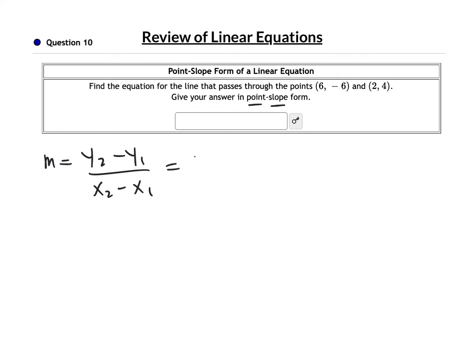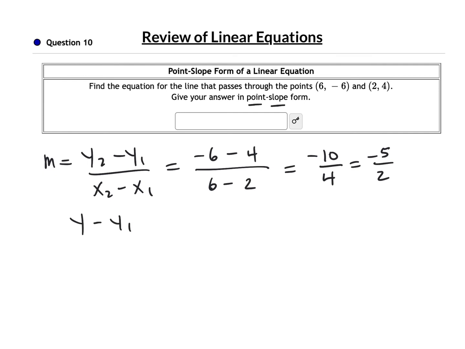That becomes negative 6 minus 4 over 6 minus 2. That's negative 10 over 4. Notice that this simplifies. They're both even, so we'll divide them both by 2. Make sure you're always checking that your fraction is simplified. These both divide by 2. I get negative 5/2.